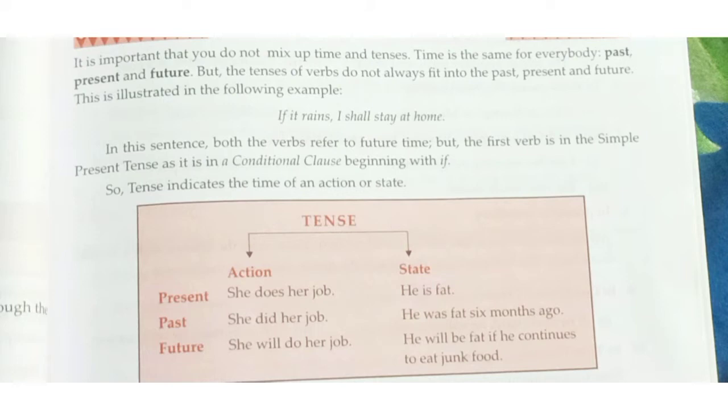In the state of action, for example, if I use present indefinite tense and want to express the state rather than the action, I say, "He is fat." Here, fat is the word acting as a complement. When the complement is added to the verb to make it meaningful, we don't have an action verb; we have a verb which tells us about the state of the noun or the subject rather than the action itself. So this is one example for the same.